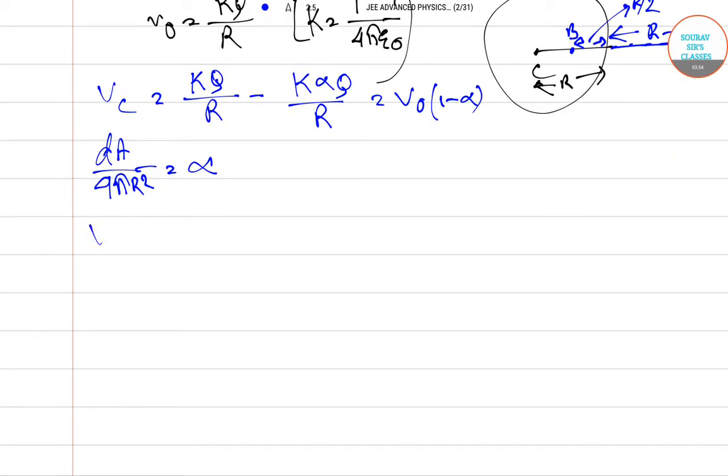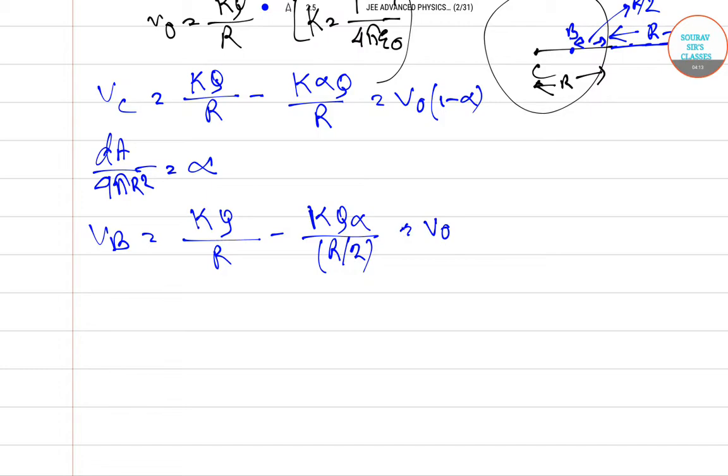Then for the point B, the potential at the surface minus the potential at the radius r by 2 equals V0 into 1 minus 2 alpha.